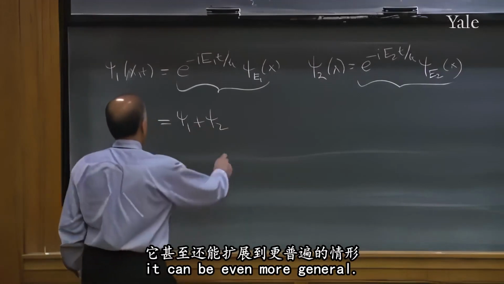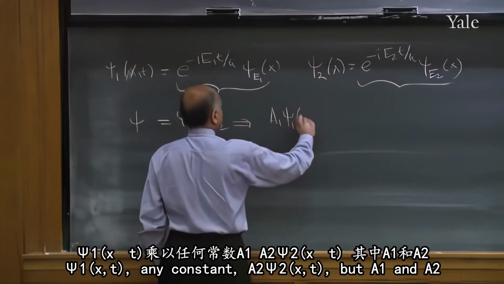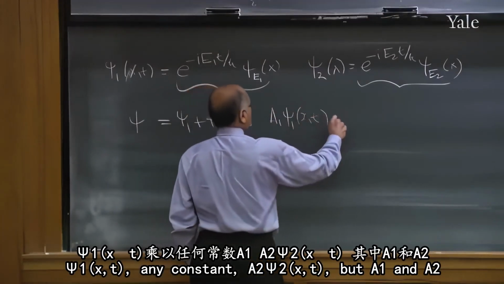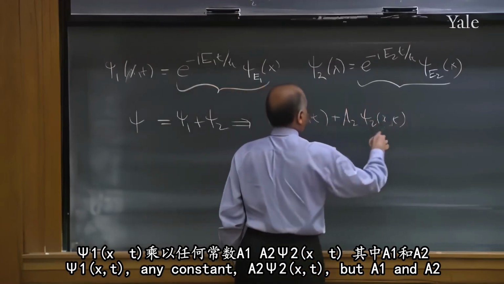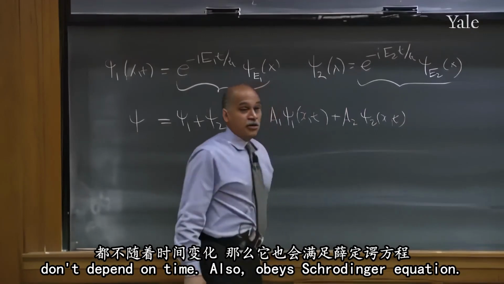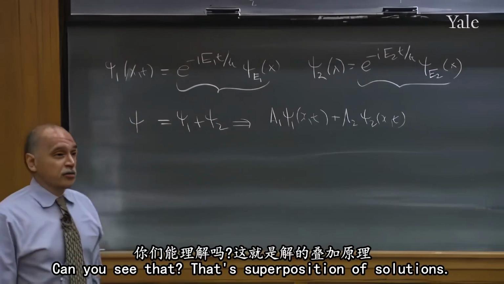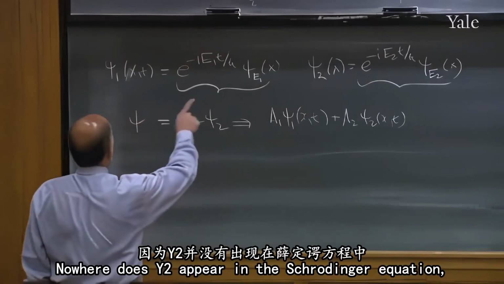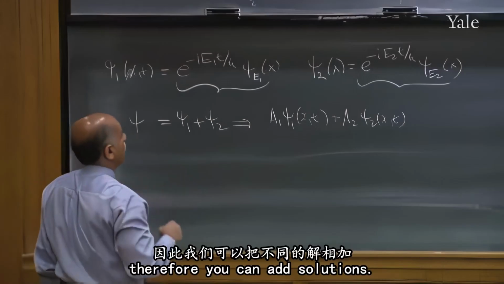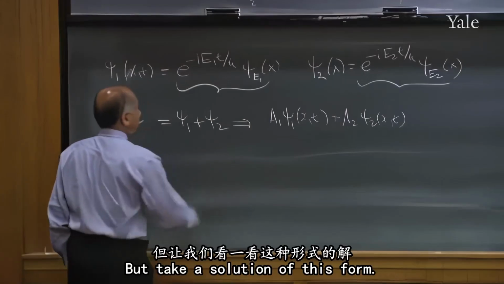Not only that, it can be even more general. You can multiply psi 1 of x and t by any constant a1, and psi 2 of x and t by a2, but a1 and a2 don't depend on time, and it will also obey the Schrodinger equation. Can you see that? That's superposition of solutions. It's a property of linear equations. Nowhere does psi square appear in the Schrodinger equation, therefore you can add solutions. But take a solution of this form.